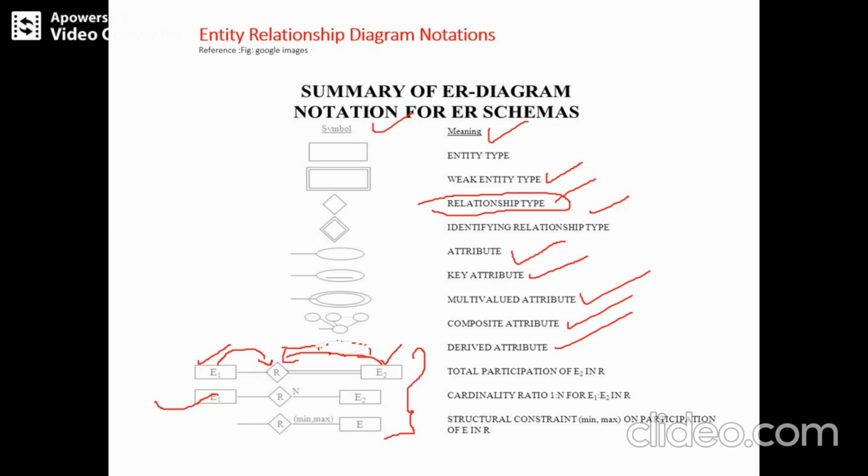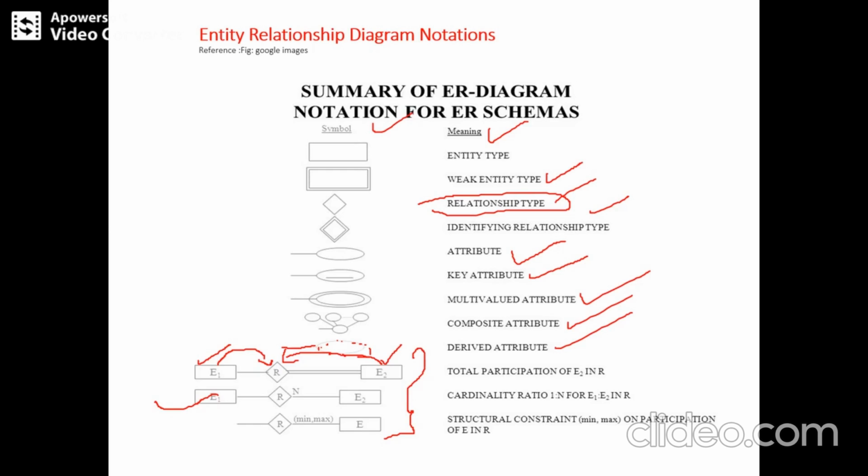The last one is the structural constraint. If you are not representing the cardinality ratio by single line or double line, you can use one more notation, the min-max representation.